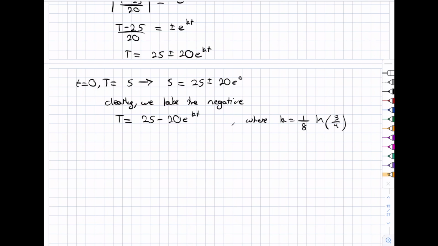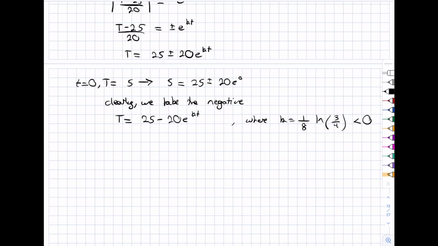In this case, we can determine, even without a calculator, that k is going to be negative, because 1 on 8 is a positive value, and log of something less than 1 would produce a negative value. So this will be negative times positive, which overall gives me a k value which is negative.